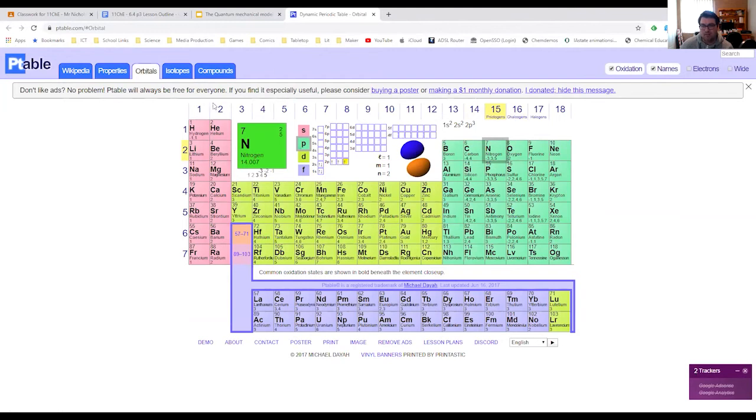When we hover over each of these atoms, pictured just beside some notations, we have the shape of the orbital, that's the orange ball.